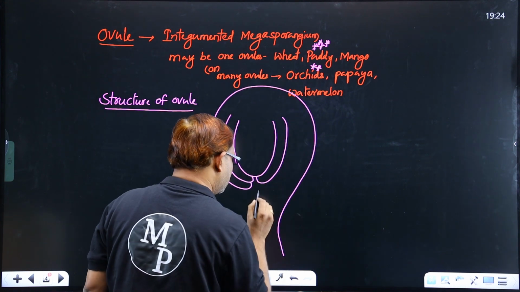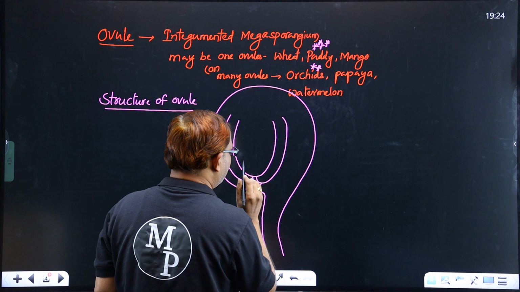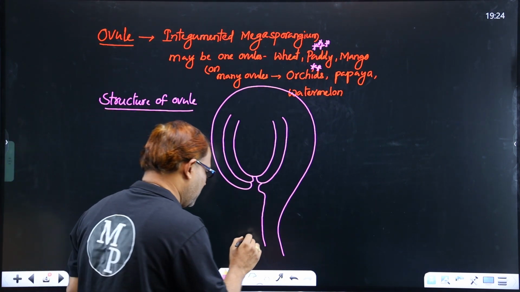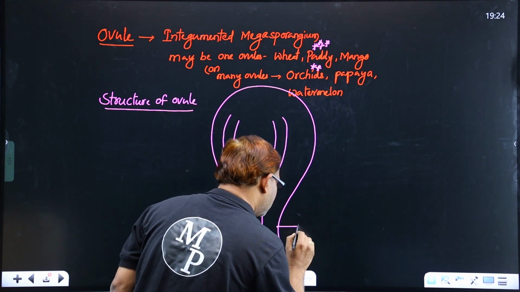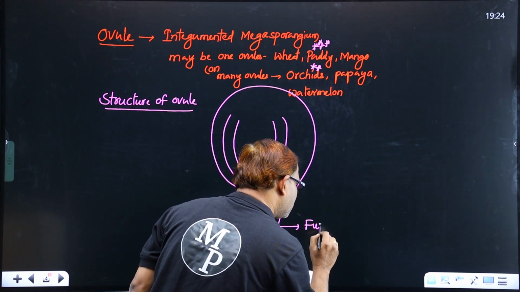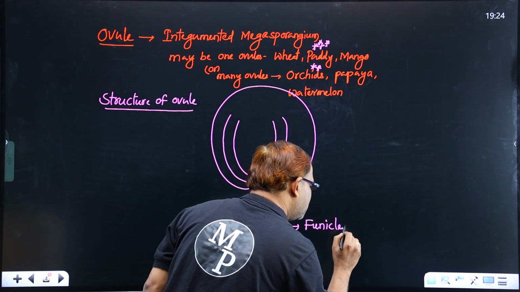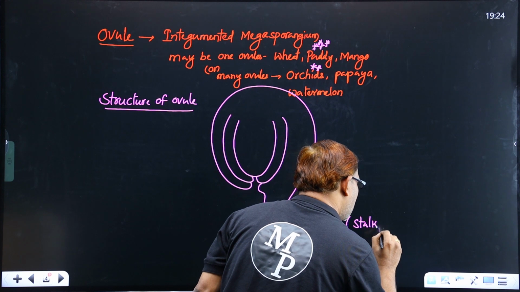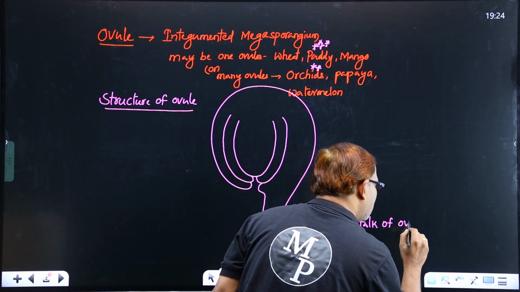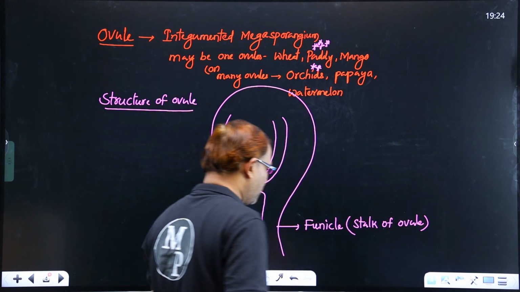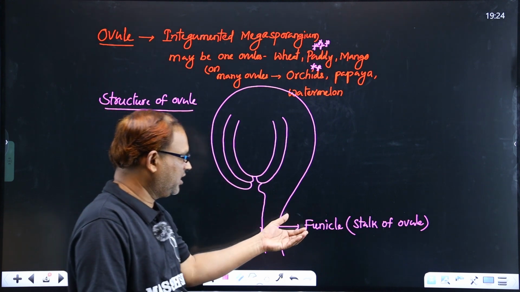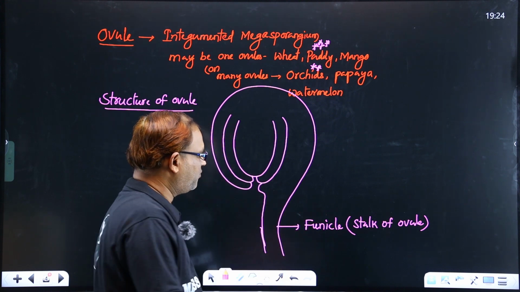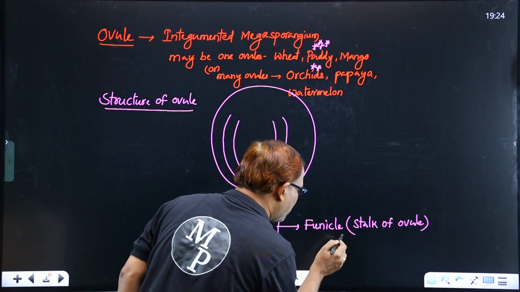Funicle. It is very important. Funicle means the stalk of the ovule, and through this funicle the ovule is attached to the placenta.